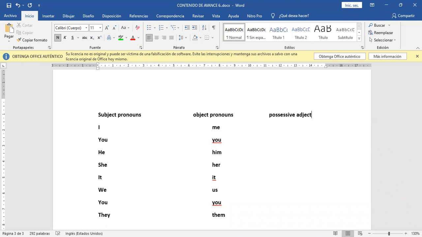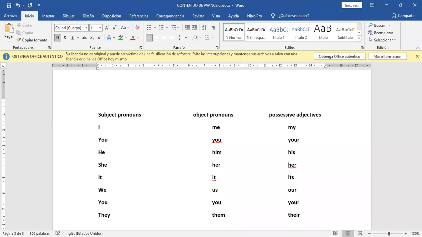possessive adjectives. Don't confuse. Possessive adjectives are: I, my; you, your; he, his; she, her; it, its; we, our; you, your; they, their.